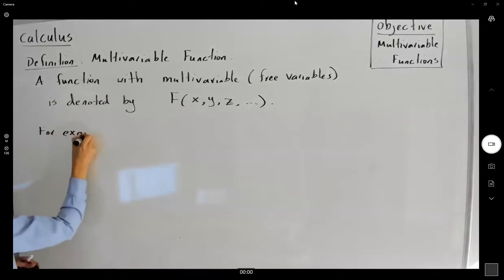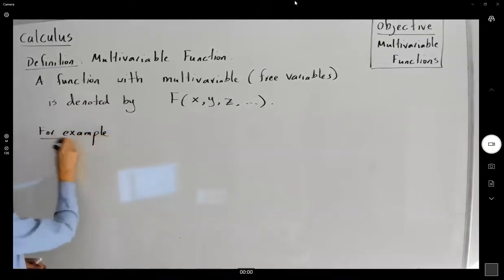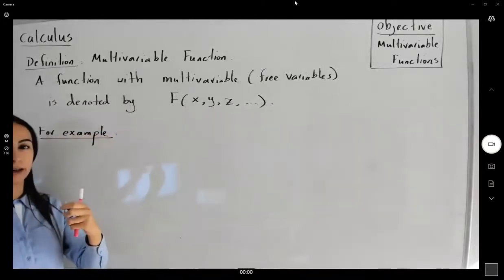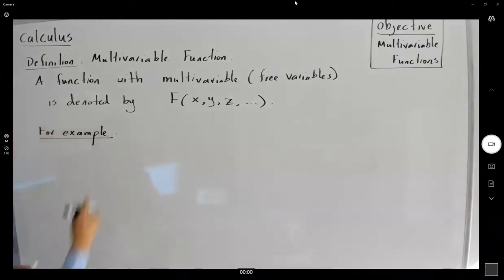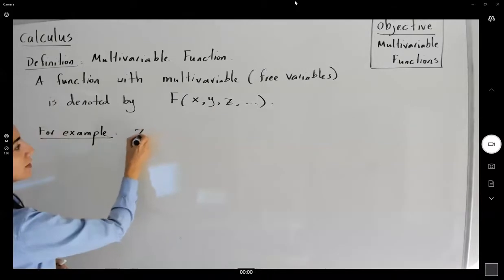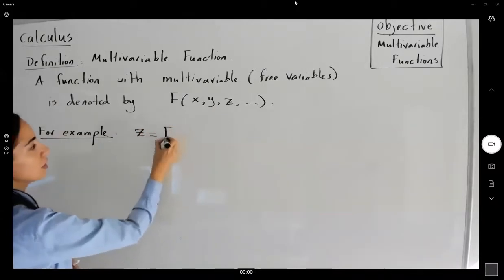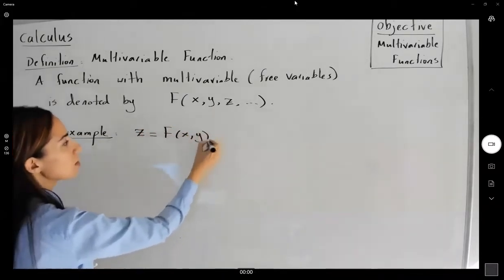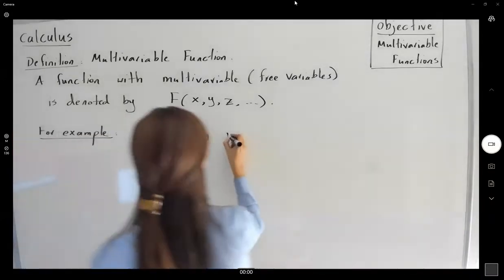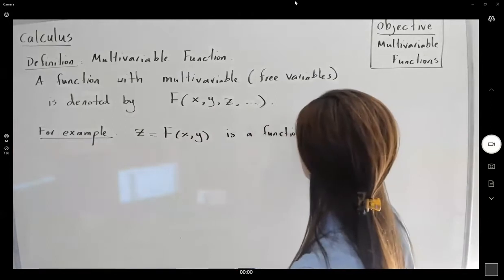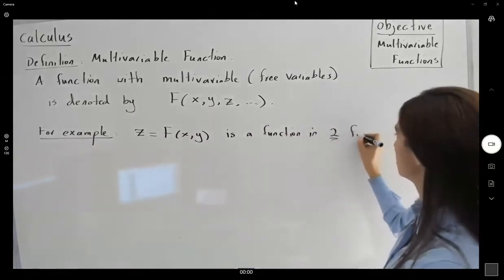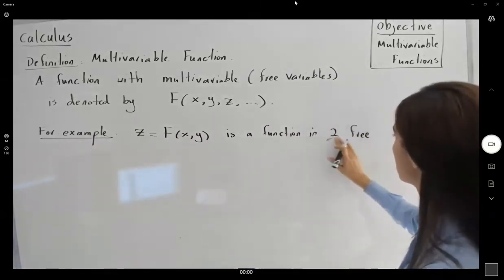For example, we're going to start by introducing a function in two free variables. z equals f of x, comma, y is a function in two free variables.